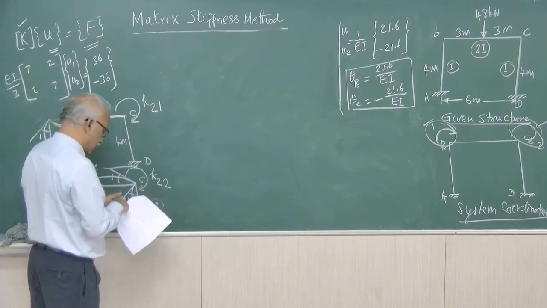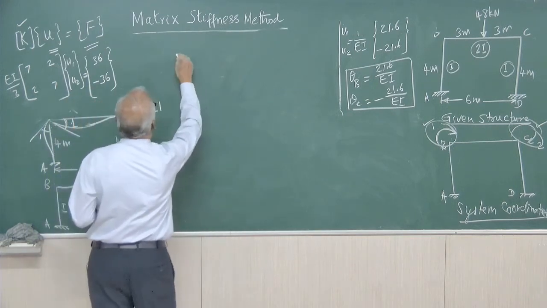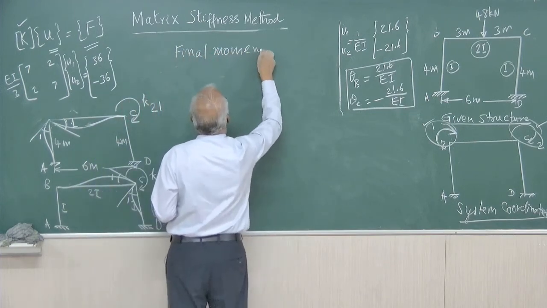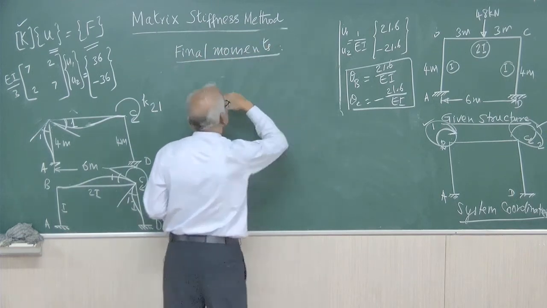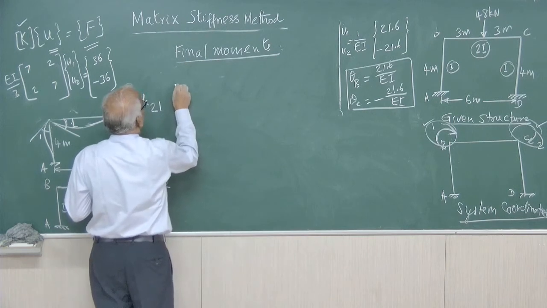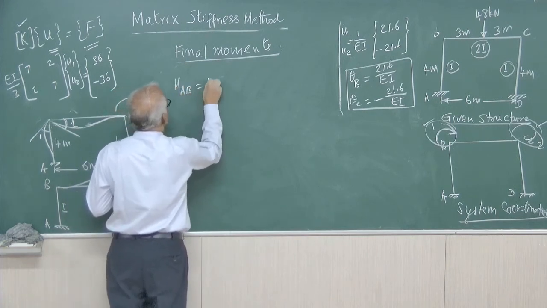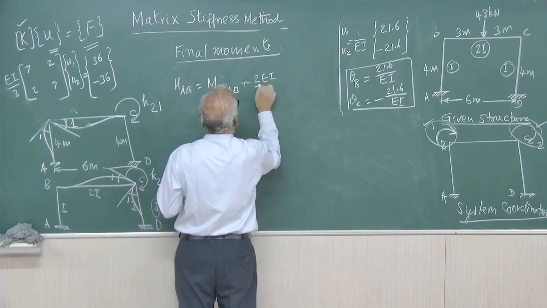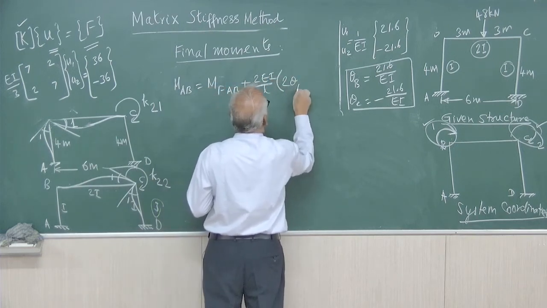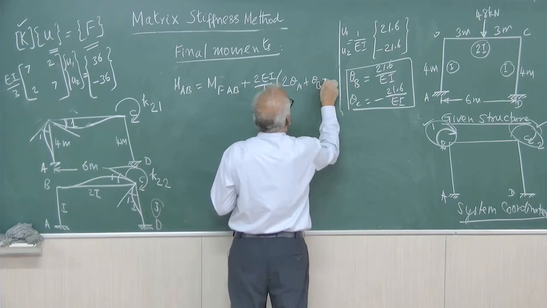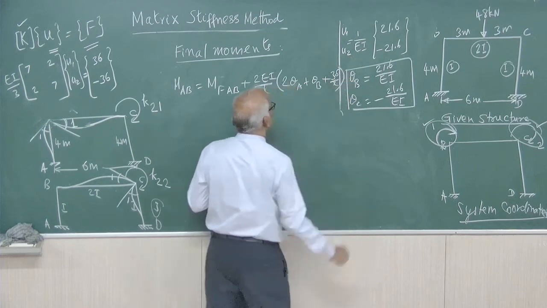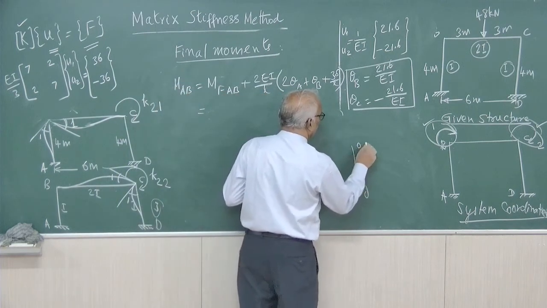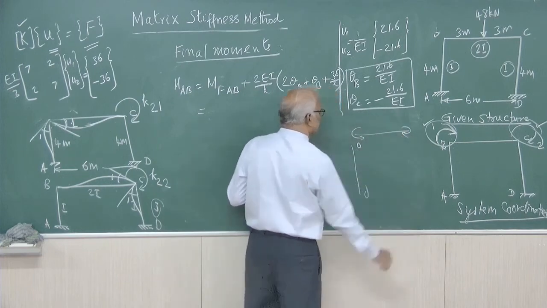So for the final moment MAB equals MFAB plus 2EI by L into 2 theta A plus theta B plus 3 delta by L. We know the values.